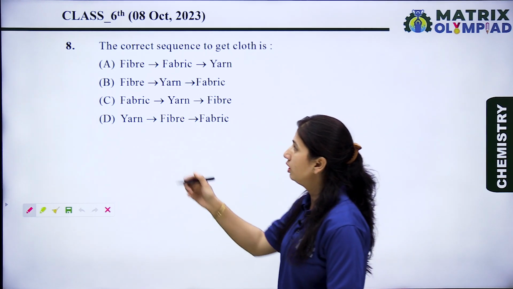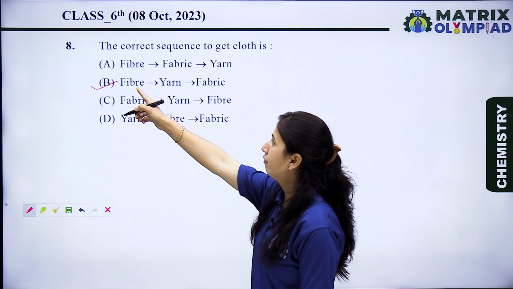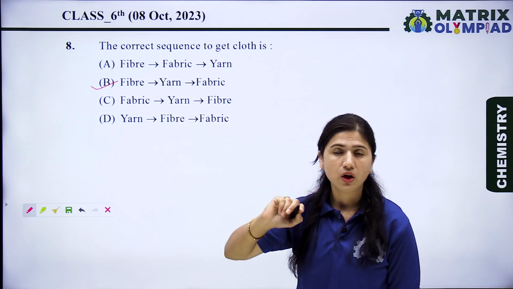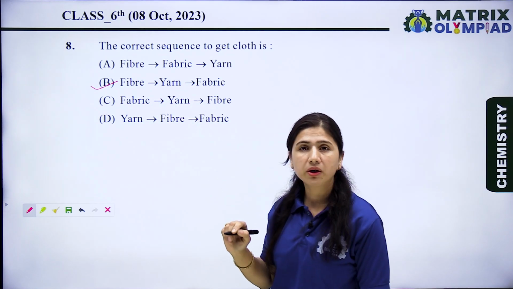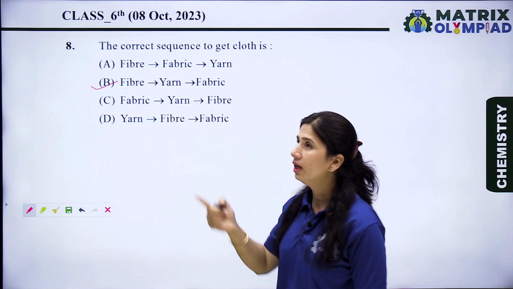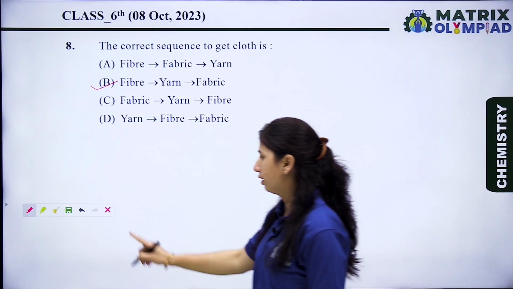So option B is the right option, means first we get fiber from the seeds of the cotton ball, and then fiber converted into yarn, and finally yarn converted into fabric.